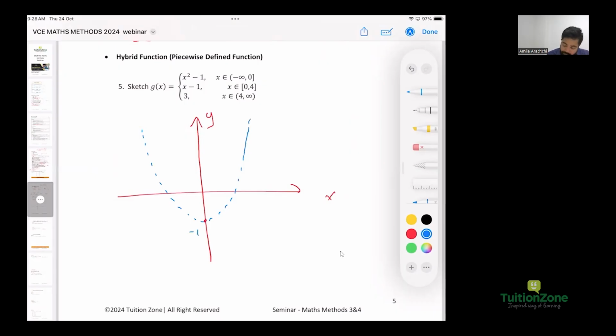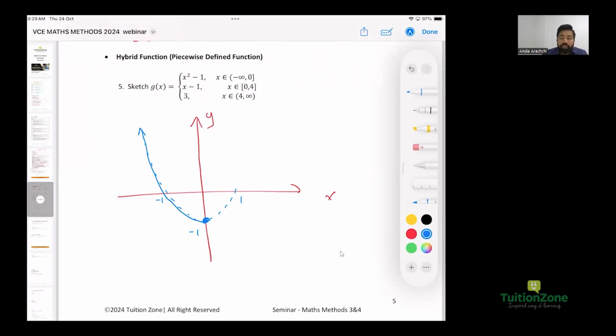That's negative 1, and the intercepts are negative 1 and 1. And now what's the domain for this one? Negative infinity up to 0. So pretty much we need from this end all the way up to that point, inclusive. So that's done. You don't need the rest.